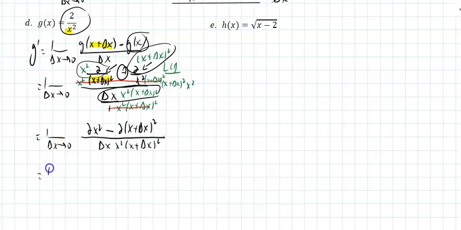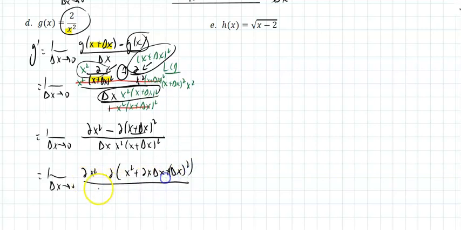The way that works, FOIL, yes, that's x squared plus 2x delta x plus delta x squared. And the denominator you don't have to do anything because you already know what needs to be done.